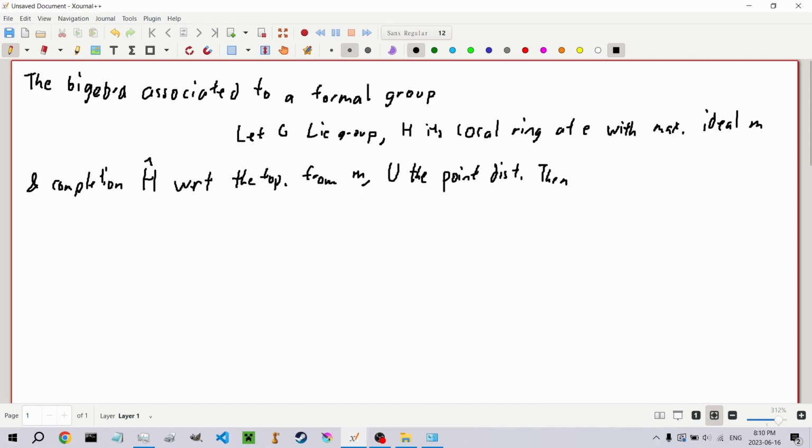Then we have a diagonal map. We saw this last time.